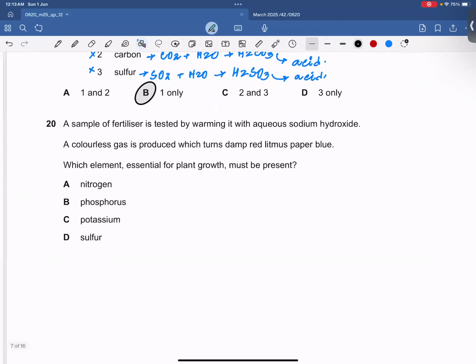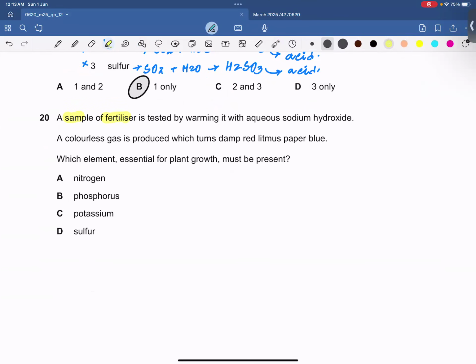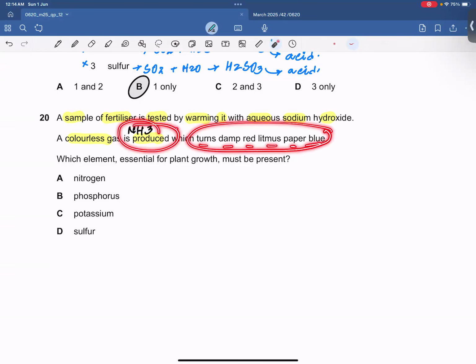Question 20. A sample of fertilizer is tested by warming it with aqueous sodium hydroxide. Whenever a fertilizer is warmed with aqueous sodium hydroxide, a colorless gas is produced. This must be ammonia gas, because this gas turns damp red litmus paper blue. So this confirms that ammonia gas is produced.